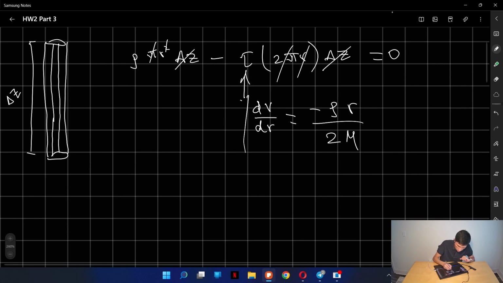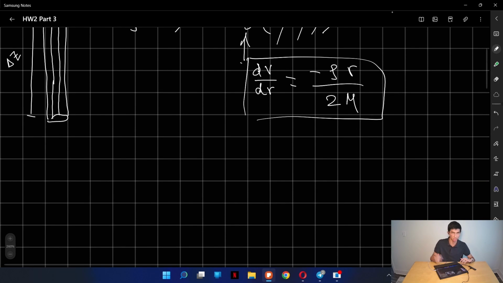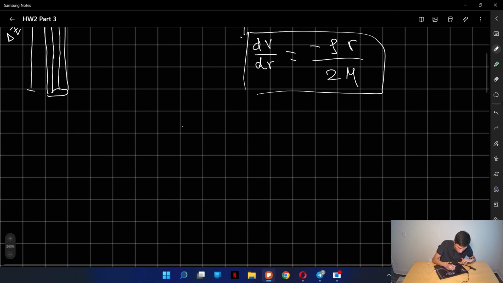So this is how the velocity of the fluid is changing over the radius. If I integrate that, I'm going to get the velocity, and what I'm going to have is rho r.